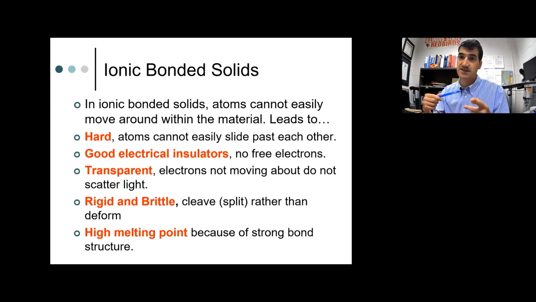They don't conduct electricity and they don't conduct heat very well for the same reason, and that is that the electrons are pretty tightly bound to their atoms, and they can't move around. The atoms can't move around easily. The electrons can't move around freely. Also, the atoms can't move around freely either.